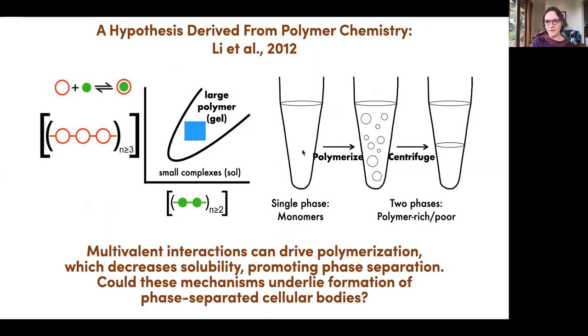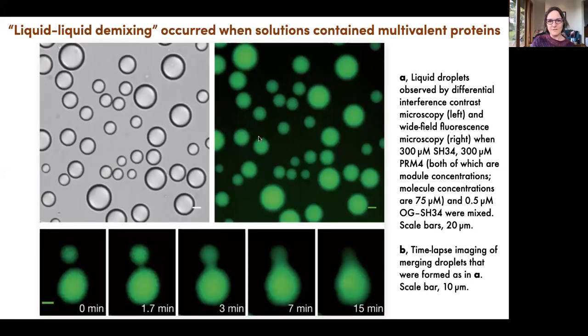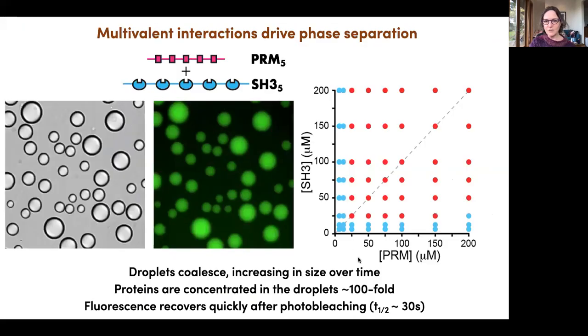I showed you how you can look at phase separation in a test tube. You can see it as cloudiness, or if you use a fluorescent protein, you can see that those droplets become fluorescent. They were able to create a system in vitro where you could get phase separation of these artificial proteins. They showed that it's highly concentration dependent: the higher the concentration of these proteins, the more likely they are to phase separate.